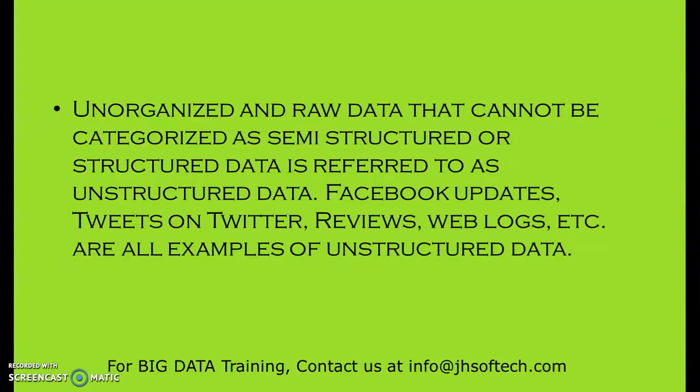Unorganized and raw data that cannot be categorized as semi-structured or structured data is referred to as unstructured data. So we have structured, semi-structured, and unstructured data. Facebook updates, tweets on Twitter, reviews, web blogs, etc. are all examples of unstructured data.